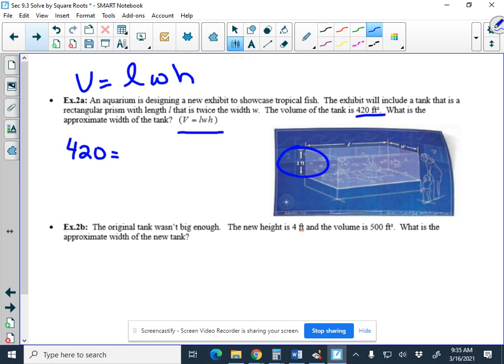So it says in the problem the length is twice the width. So instead of putting in length, I'm going to put 2W because the length is 2 times the width. Does that make sense? Then the width is still going to be W. And the height comes from the picture.